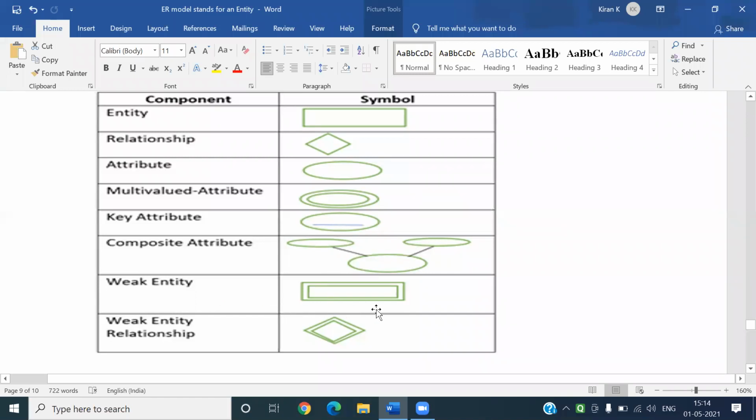A double rectangle is called a weak entity. Similarly, a double rhombus is the weak entity relationship.